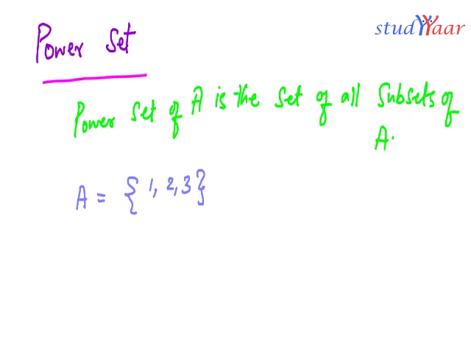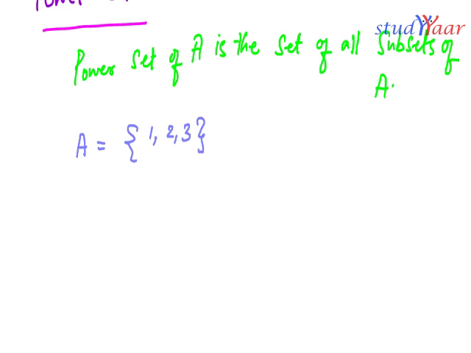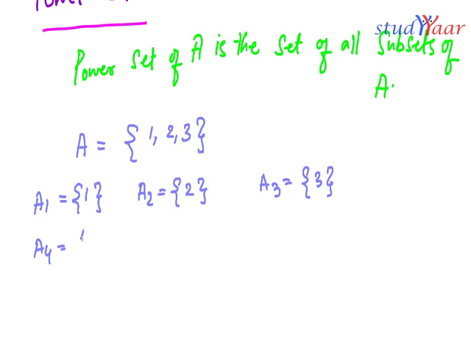So what are the subsets of A? Let us say A1. This is a subset of A, right? This is also a subset of A. This is also a subset of A. Similarly, even this is a subset. Even this is a subset.